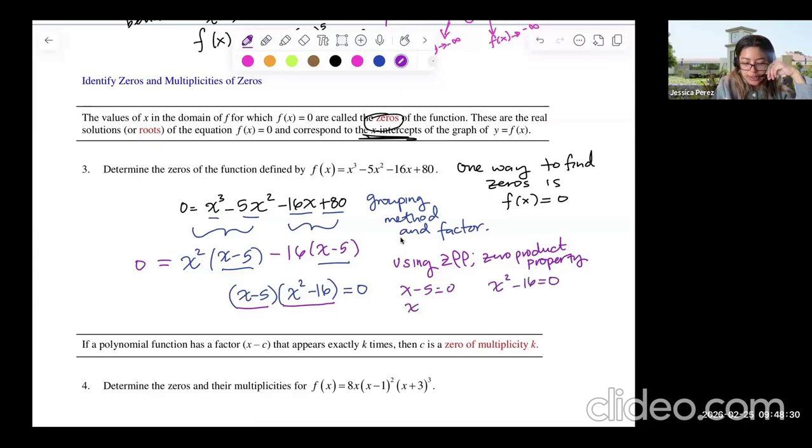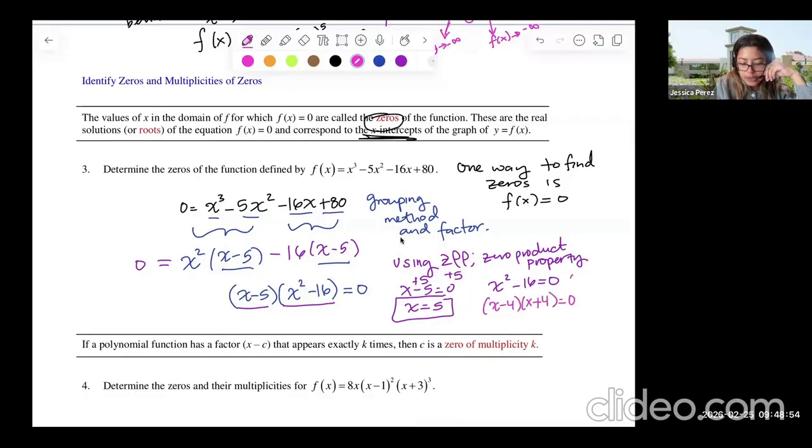Now here, this is easy to solve because that gives me x equals 5, moving the 5 over. Here, you can use the square root property, move the 16 and take the square root of both sides, or you can factor the difference of squares, x minus 4, x plus 4.